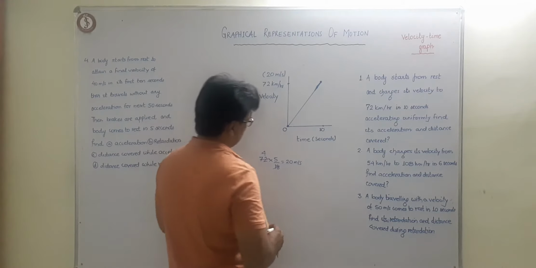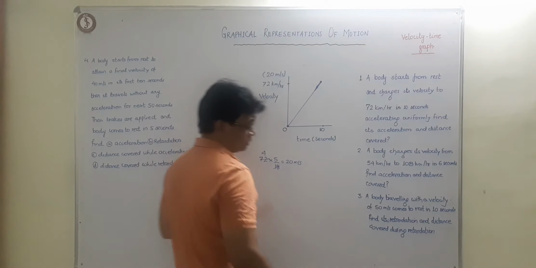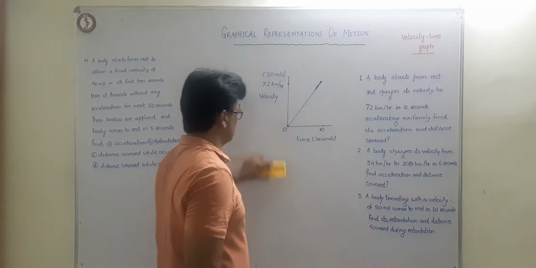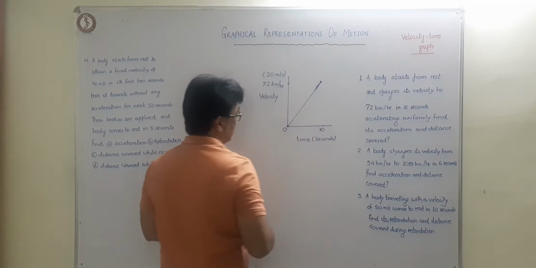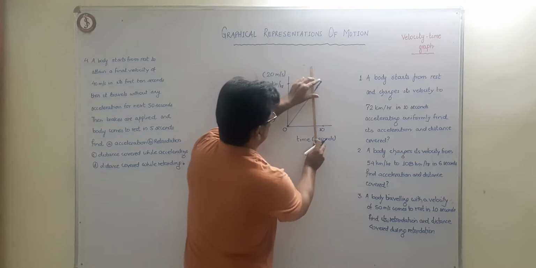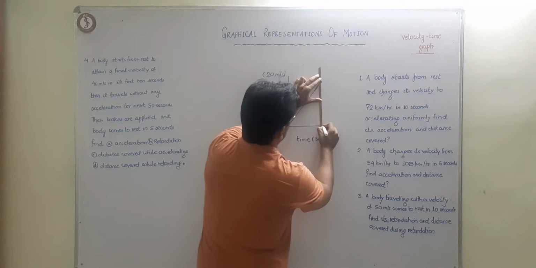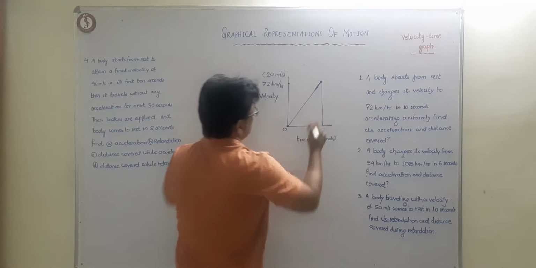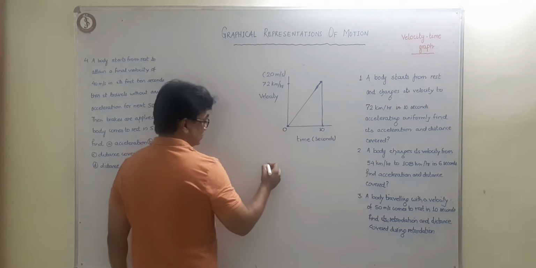Now, how do we get acceleration? Acceleration is obtained by the slope. Slope means we have to complete a triangle, and the slope of this triangle will give us the acceleration.